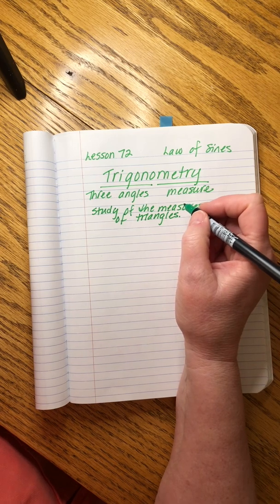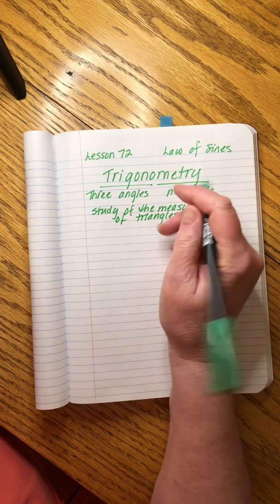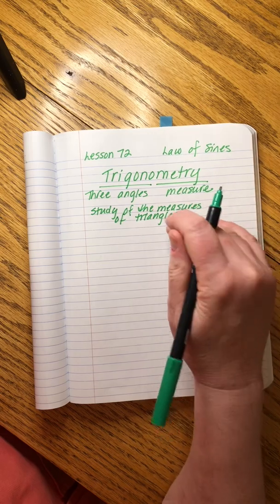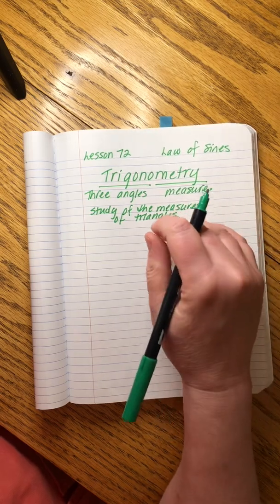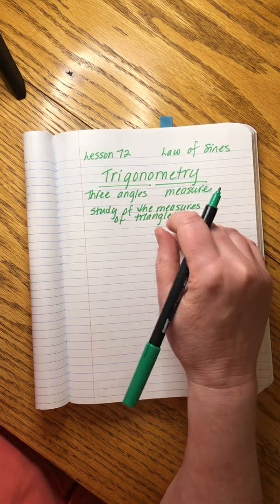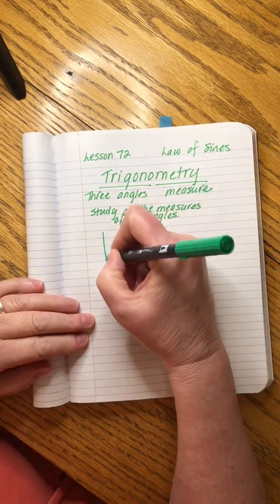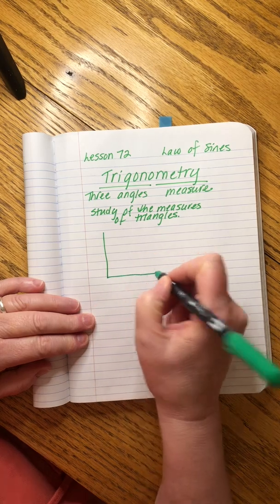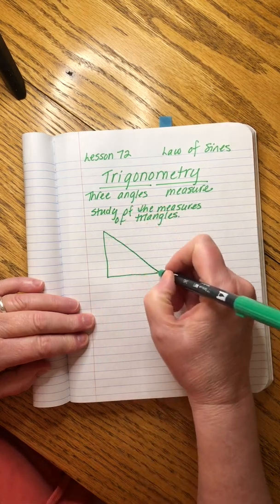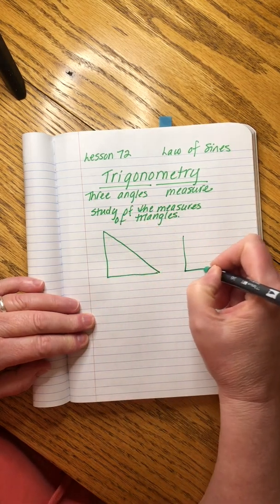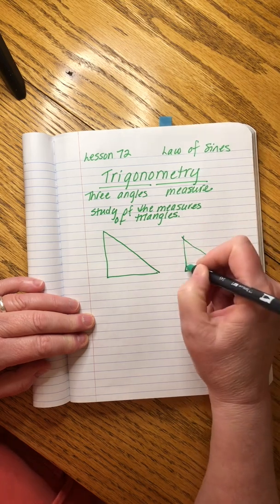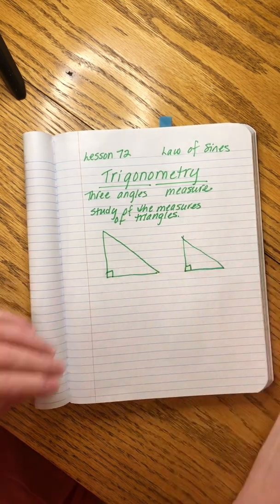It started out with just the basic base times height divided by 2 area that we did, but our focus on trigonometry really started in earnest when we learned the trig functions, sine, cosine, and tangent. And using those, what we learned is that we could solve these right triangles that we've been working with, right?